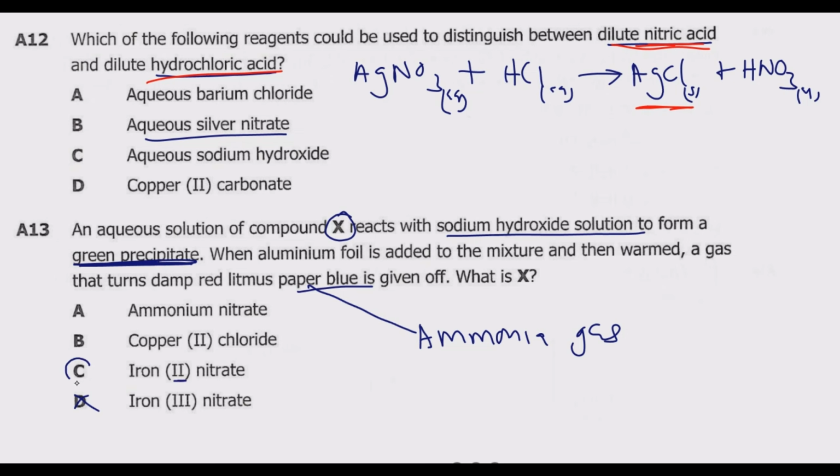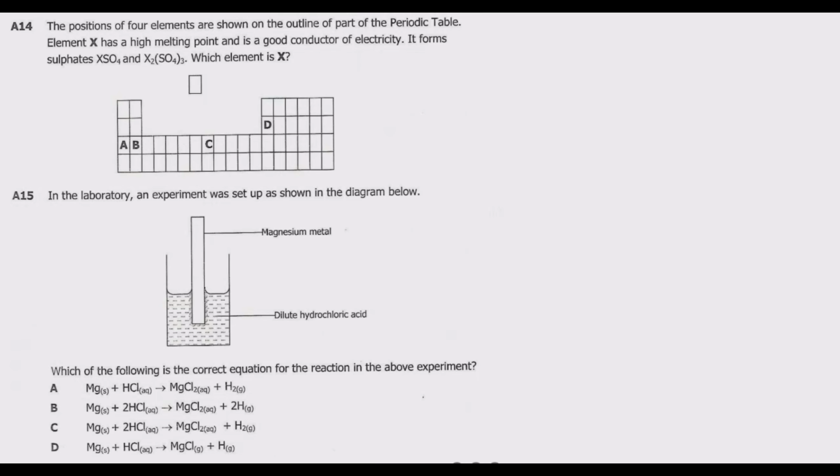So you notice that C is the correct answer. Take note of the test for the cations for iron 2 and also iron 3. Question A14. The positions of 4 elements are shown on the outline of part of the periodic table.